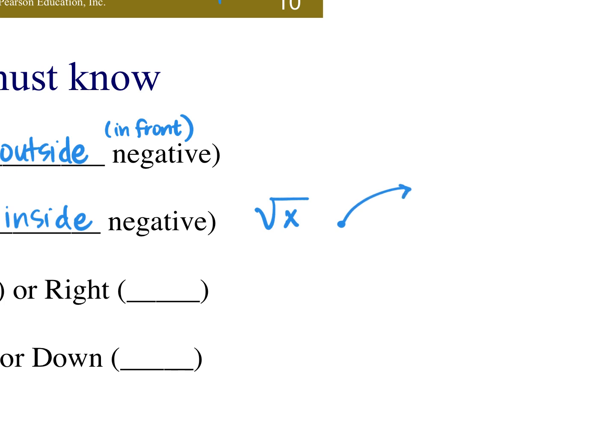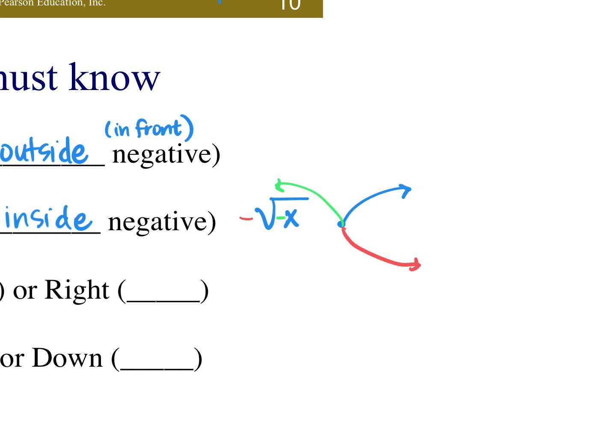If you throw a negative in front of it, so I'm going to use red, on the outside, then it's going to reflect over the x-axis, so it's going to be reflected upside down. If I throw a negative on the inside, it is going to reflect it over the y-axis, and instead of going upside down, it goes backwards, like that.